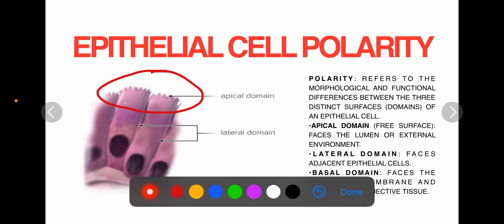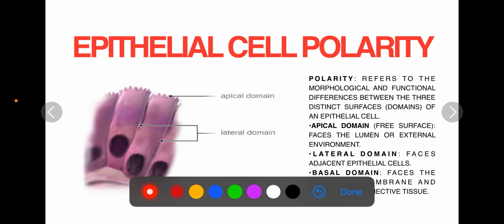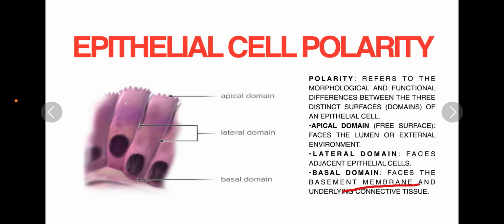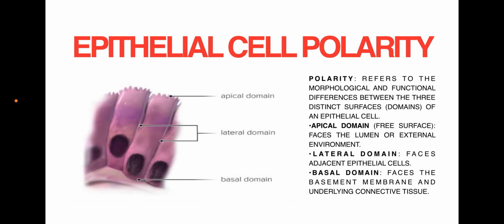And it faces the lumen or external environment. The lateral domain faces adjacent cells, so they get attached here, as we have mentioned. And as you see, the basal one actually faces the basement membrane, this part here, okay. And actually, it's related to the underlying connective tissue.